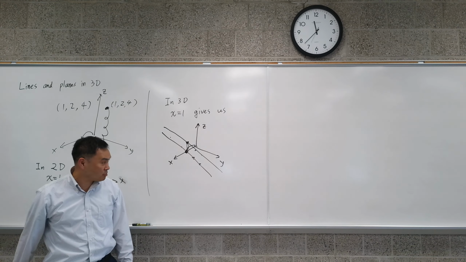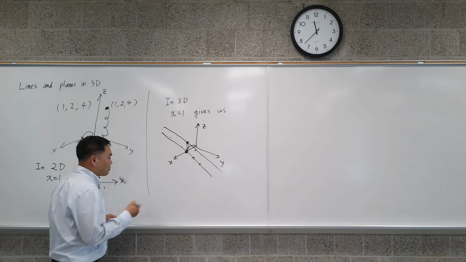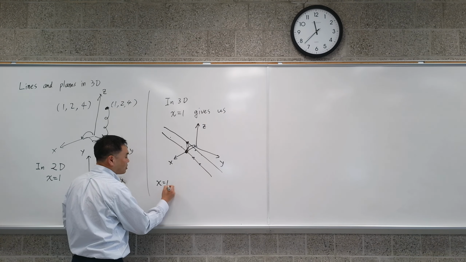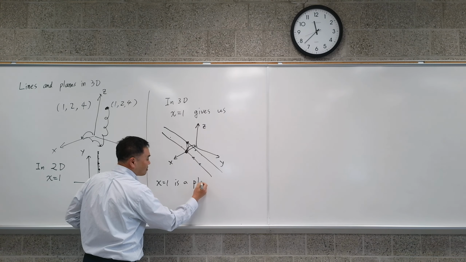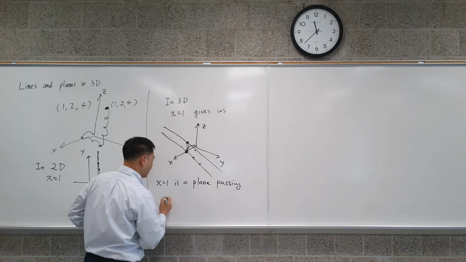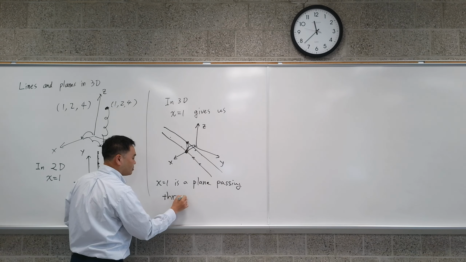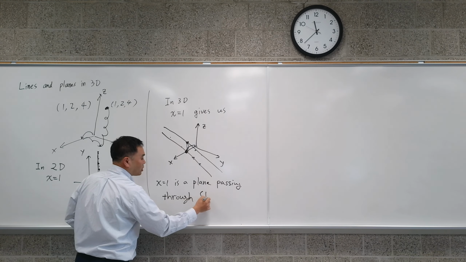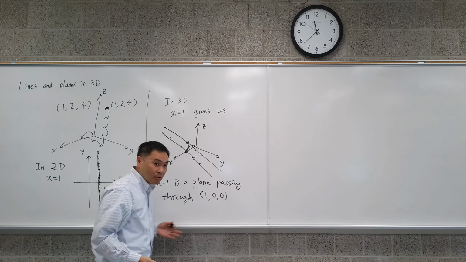Can you describe this plane? It's a plane first. x equals 1 is a plane passing through (1, 0, 0), of course, right?